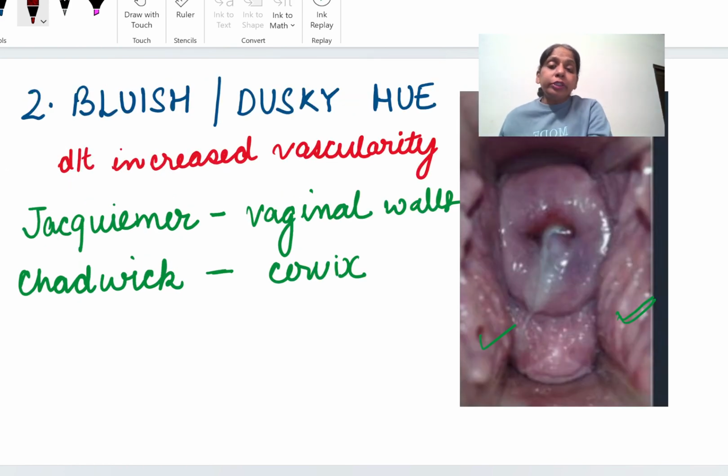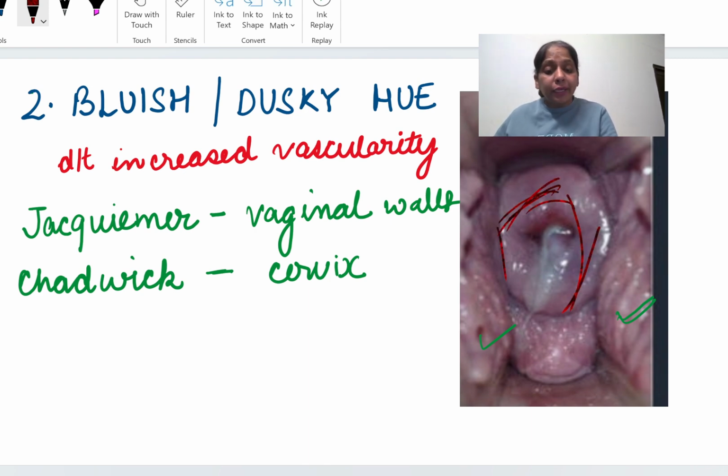Now as I already told you, there is a bluish tinge. The bluish tinge or dusky hue is due to the increased blood supply. You can see that here there is a bluish tinge, and here this is all bluish tinge.